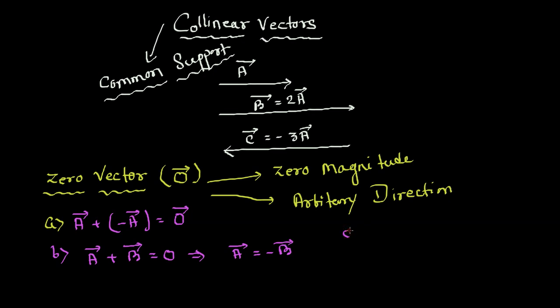Suppose a constant k into 0 vector, it becomes a 0 vector, because multiplying any number with 0, it becomes 0, right? Fine. So I hope this is clear to all of you.